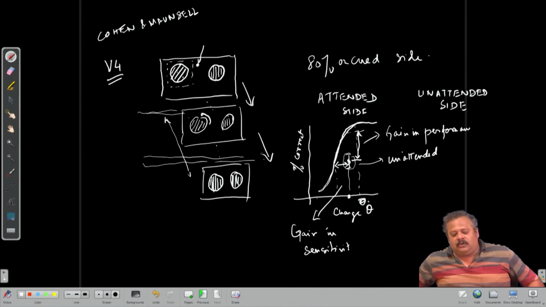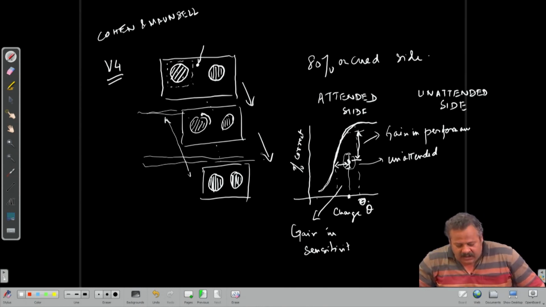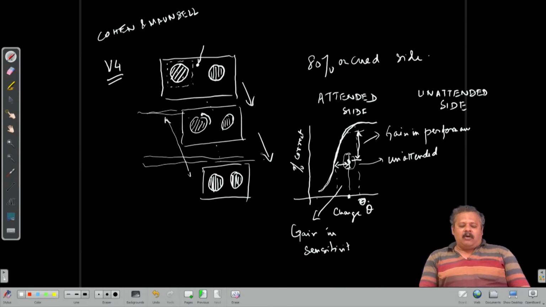Based on those responses, as we have discussed in our discrimination lectures, you can find out how the neurons would perform based on the ideal observer receiving that information from those neurons.